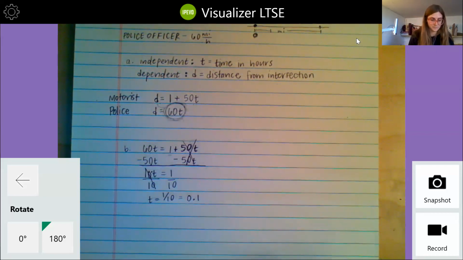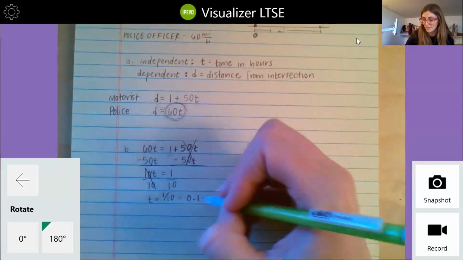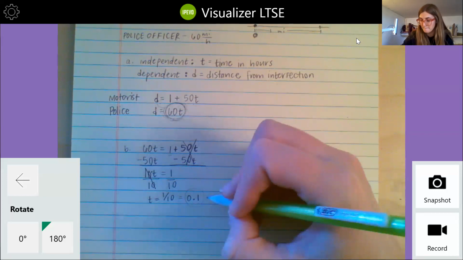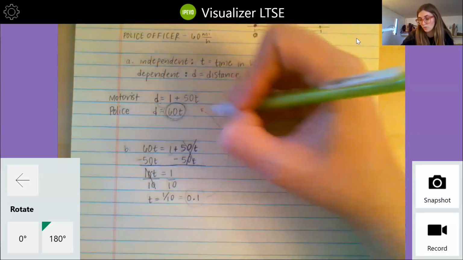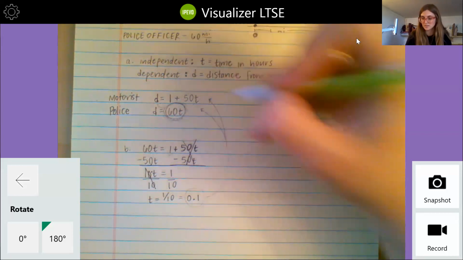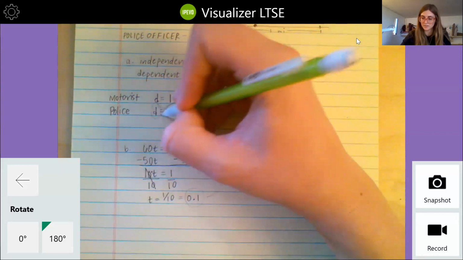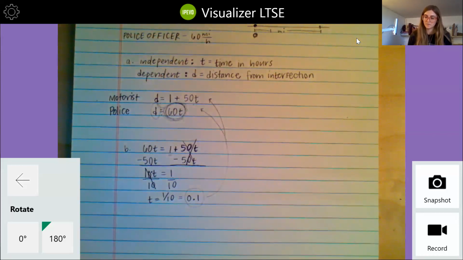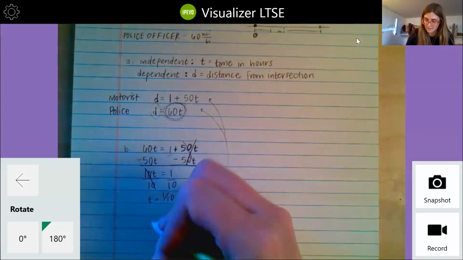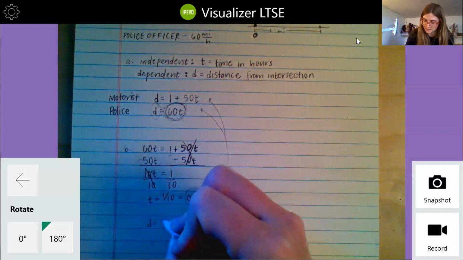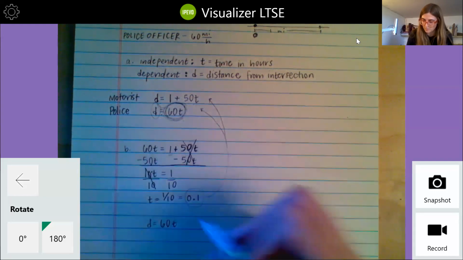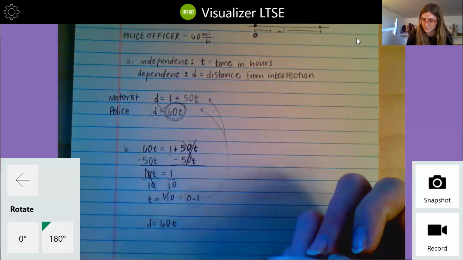Now I can plug this 0.1 back into really either one of those equations and I'd get my answer for d. Let's pick this one because it looks a little easier. So d equals 60t, but I plug in 0.1 for t.